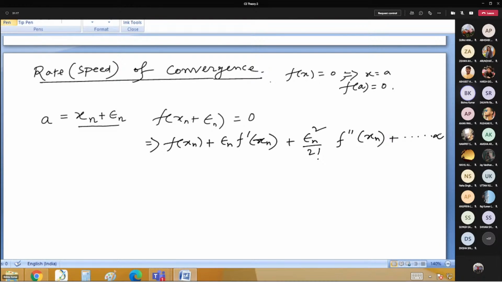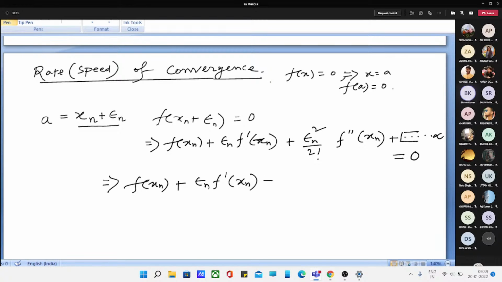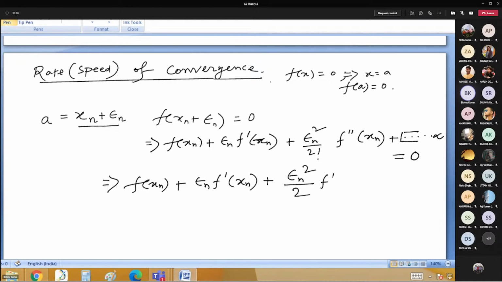Since the error is very small, I am neglecting the higher powers of the error and writing this expression simply: f of xn plus epsilon n f dot xn plus epsilon n square by 2 f double dot xn is approximately 0 because higher terms are neglected.